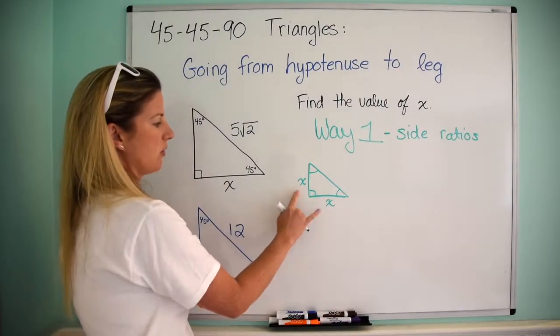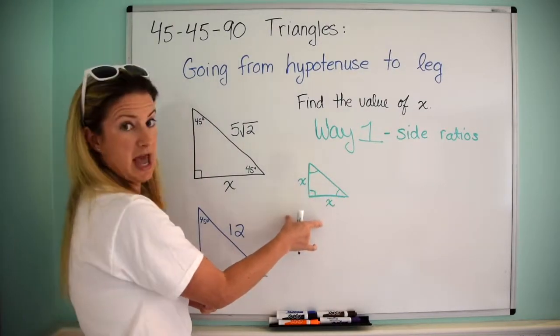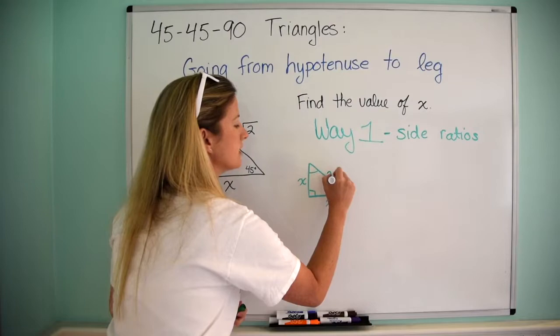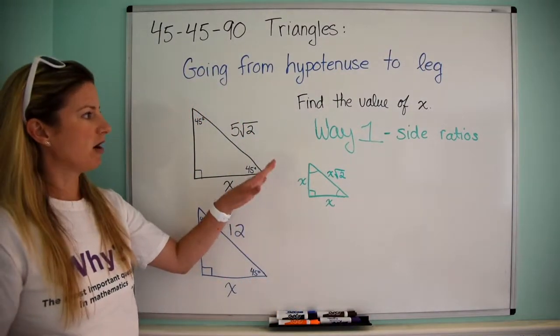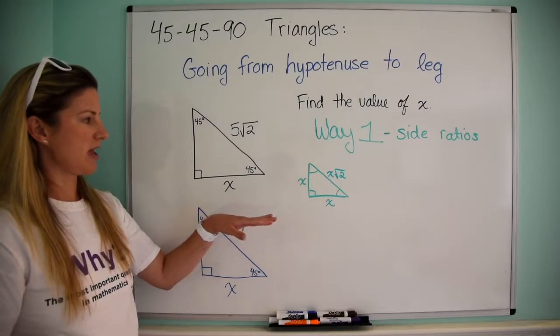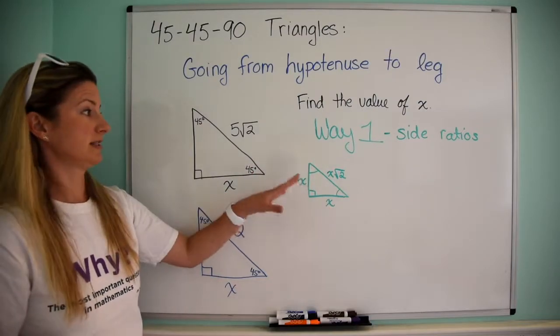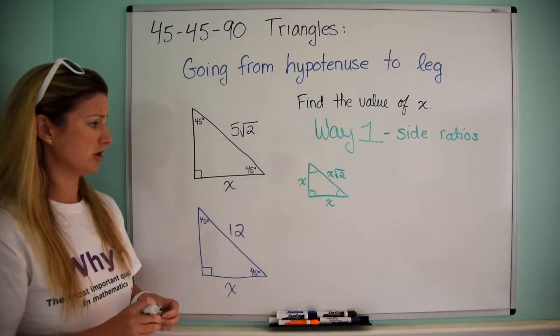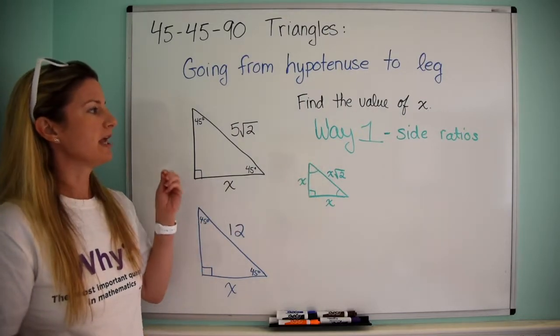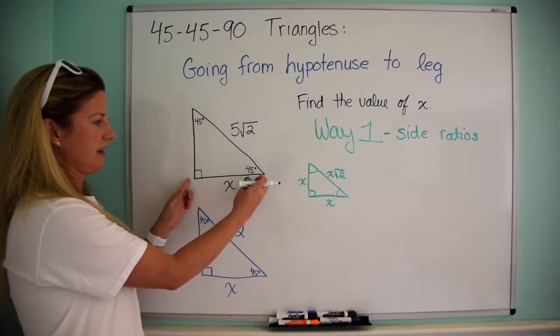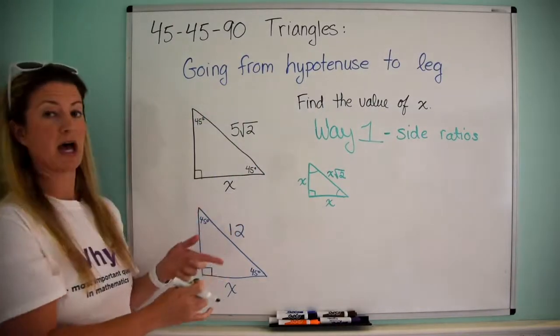Each leg measures x, then that means the hypotenuse measures x root 2. Because this shows us the ratio of the sides, x to x root 2, we can use that to find the measure of the leg if we're given the hypotenuse.